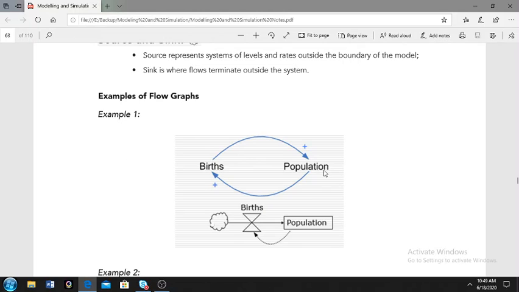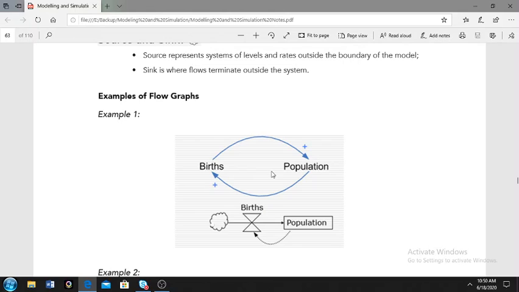Now we have this. How do we translate it into stock and flow? When you have variables like this, you have to understand whether each is a stock or a flow.